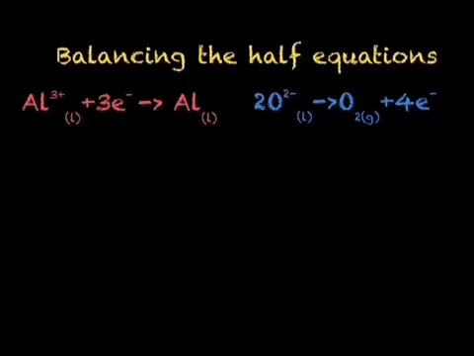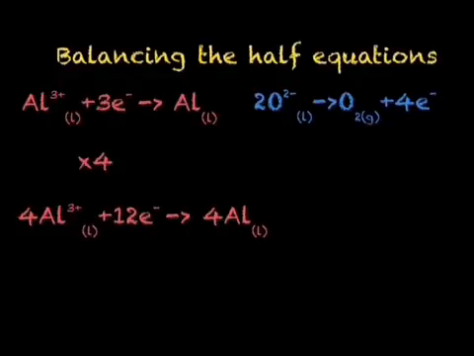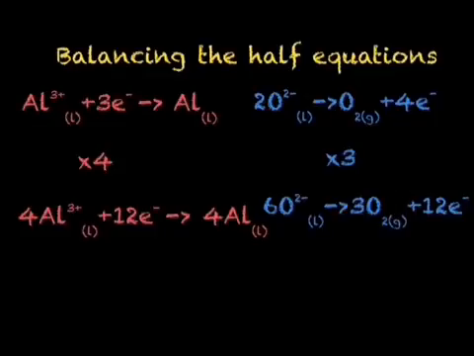For the aluminium, this means multiplying it by 4, giving us the new half equation: 4Al3+ plus 12 electrons produces 4 aluminiums. And for our second half equation, we need to multiply this by 3, giving us the new half equation: 6O2- goes to 3O2 plus 12 electrons.